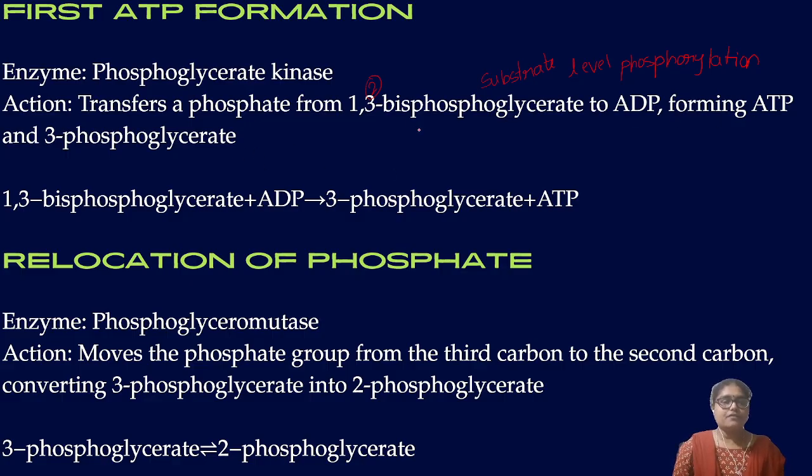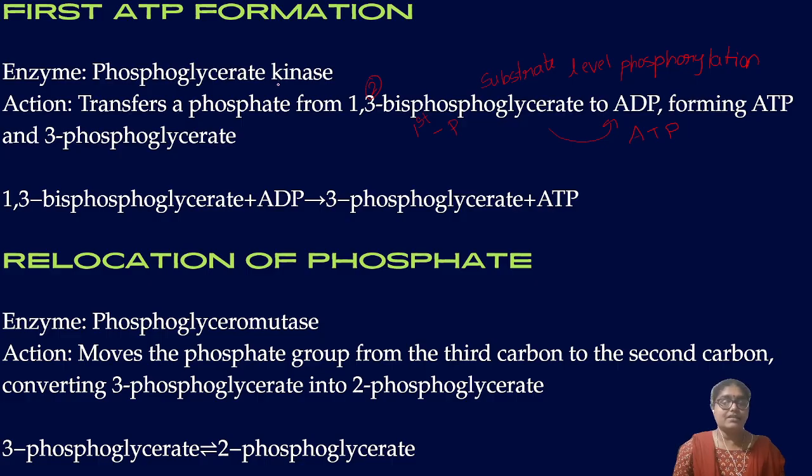Here the first carbon position phosphate is transferred to ADP to form ATP, an energy rich molecule. Hence it is known as substrate level phosphorylation. It occurs in the presence of the enzyme phosphoglycerate kinase.